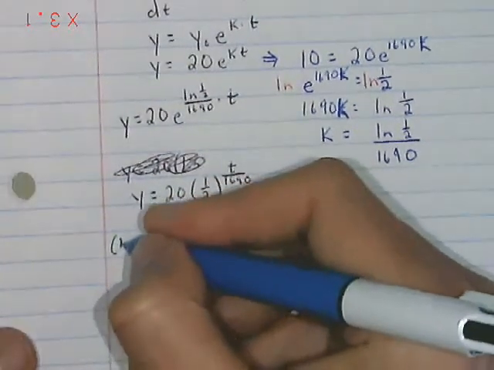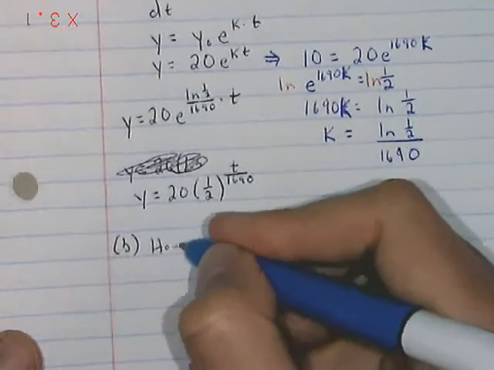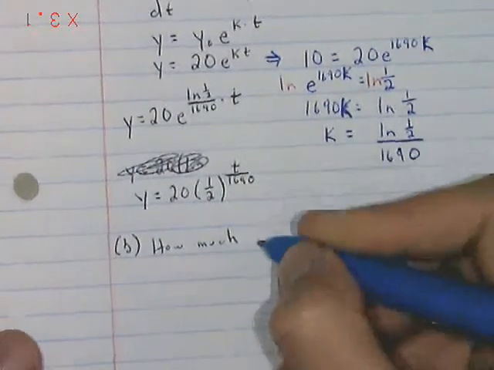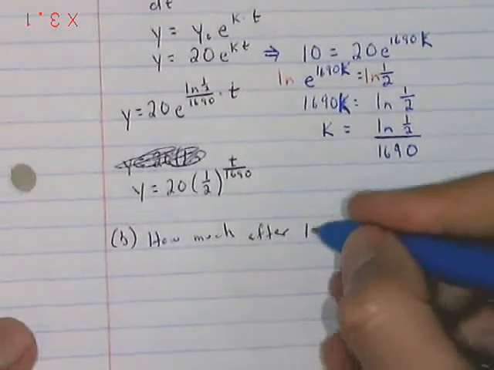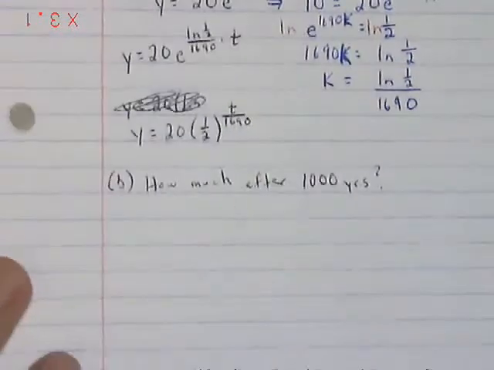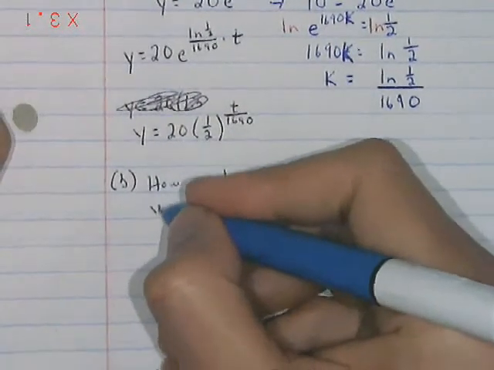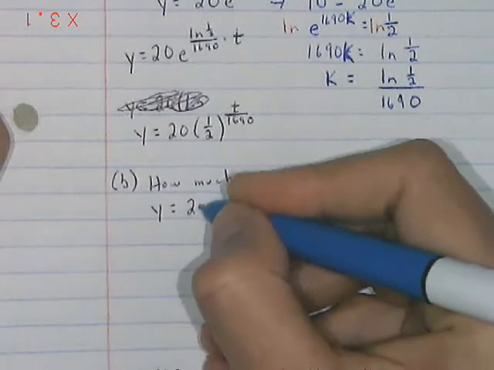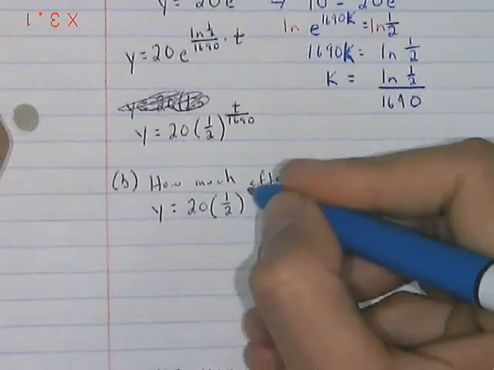So part B asks, how much after 1,000 years? Plug in 1,000 for t.